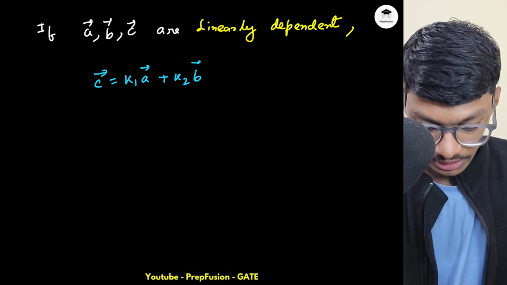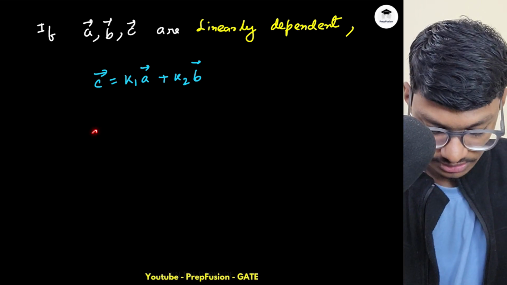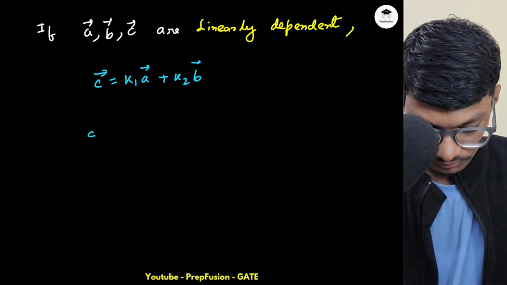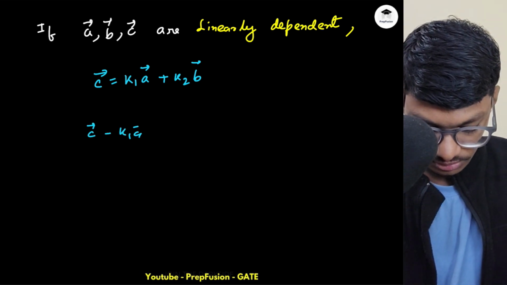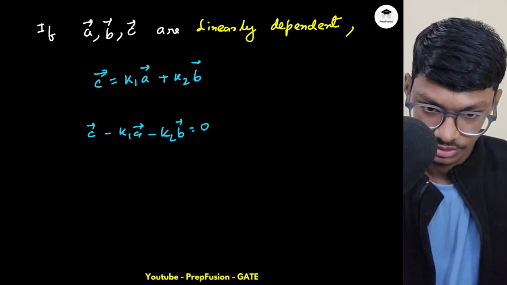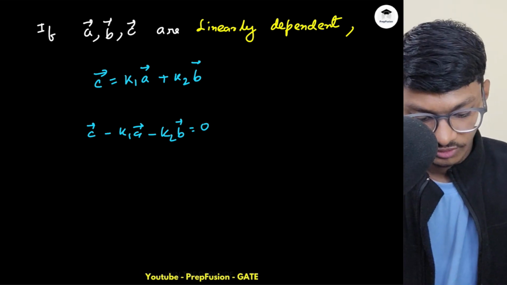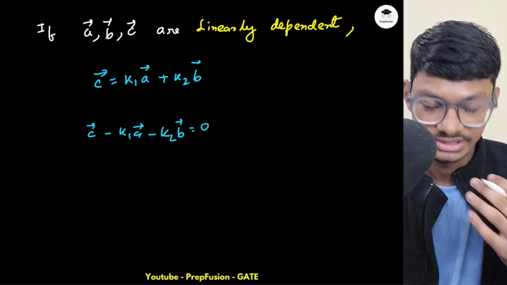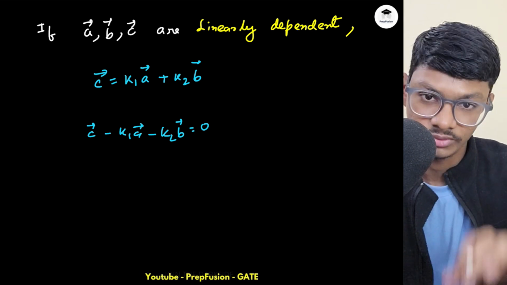So here I can rewrite this equation like this: c minus k1a minus k2b equals 0. The standard way to write three linearly dependent vectors is something different, so I'm going to that format.